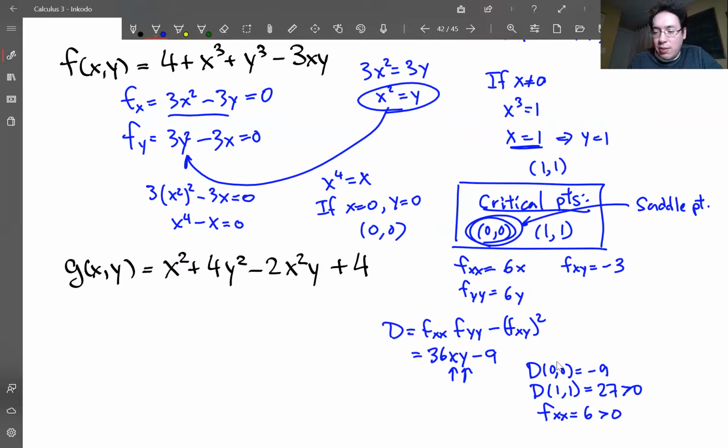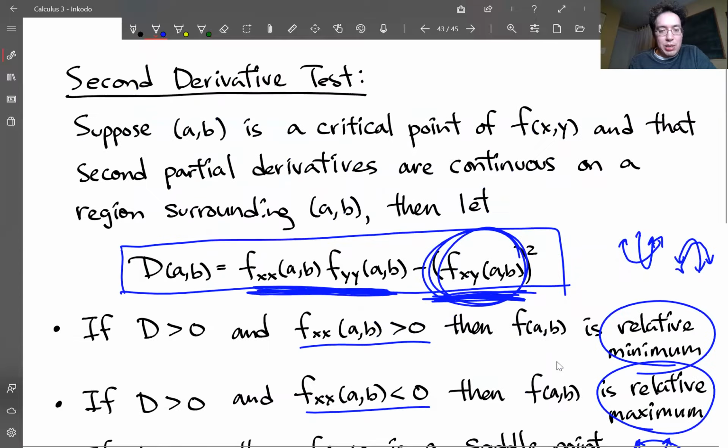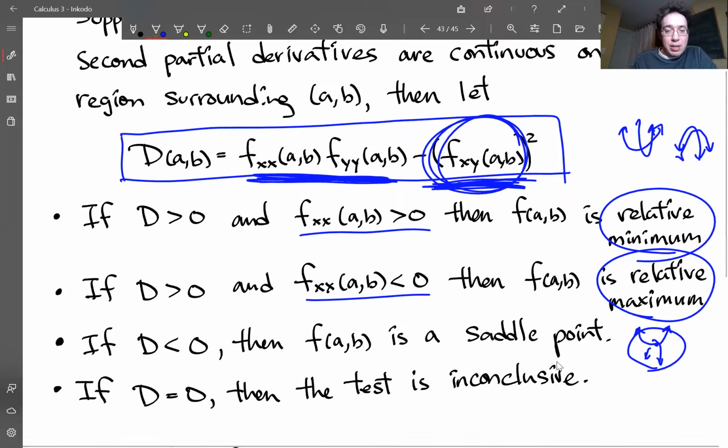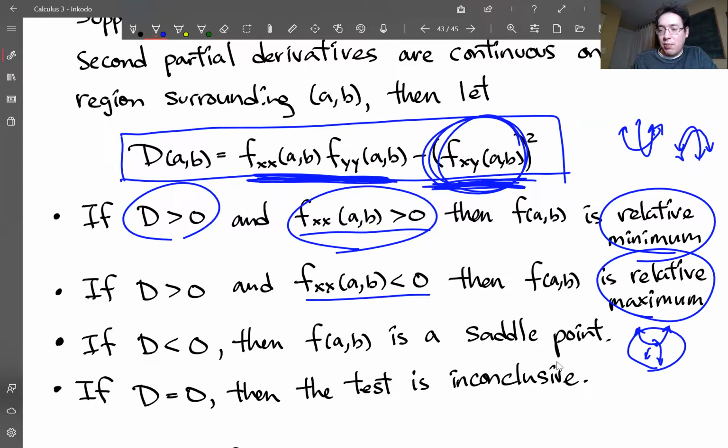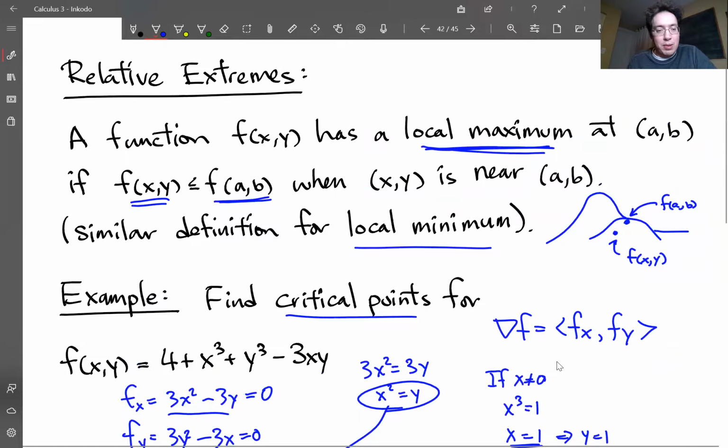So if both of these are positive, what we have is a local min. Just to point out the test here, if it's positive here and positive here, we have a relative minimum, which is the same thing as a local minimum. Okay.